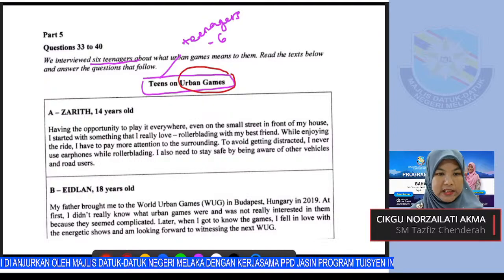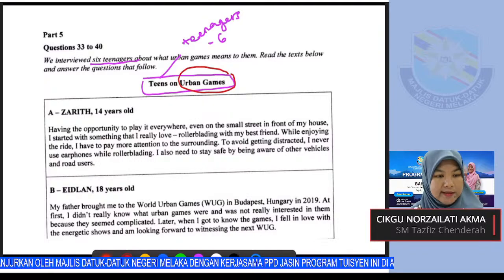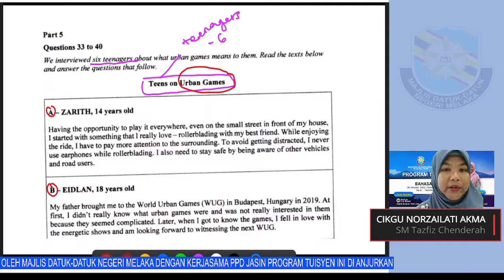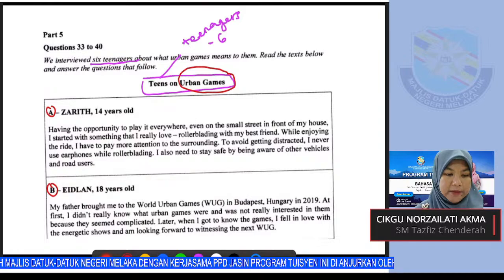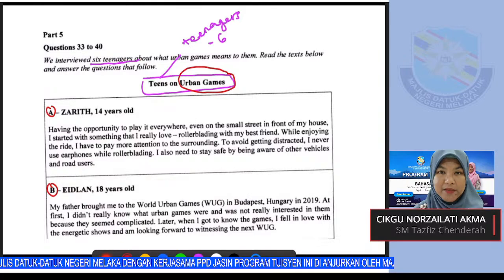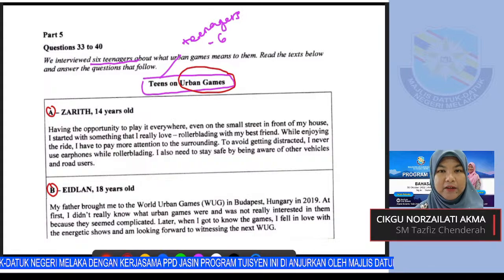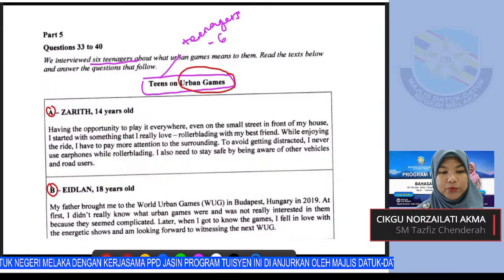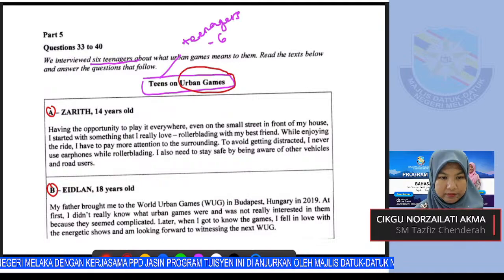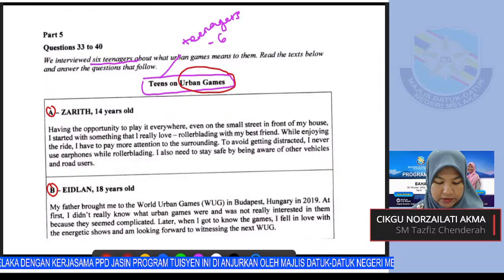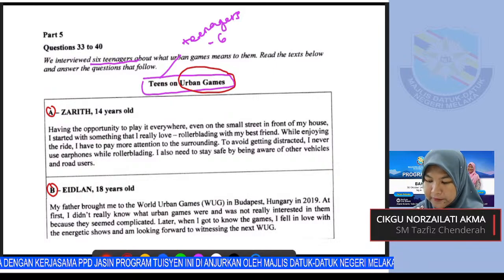Let's go to the first teenager. Teenager A. A refers to the paragraph: paragraph A, B, C, D, E, and F. Okay, let's go to paragraph A.